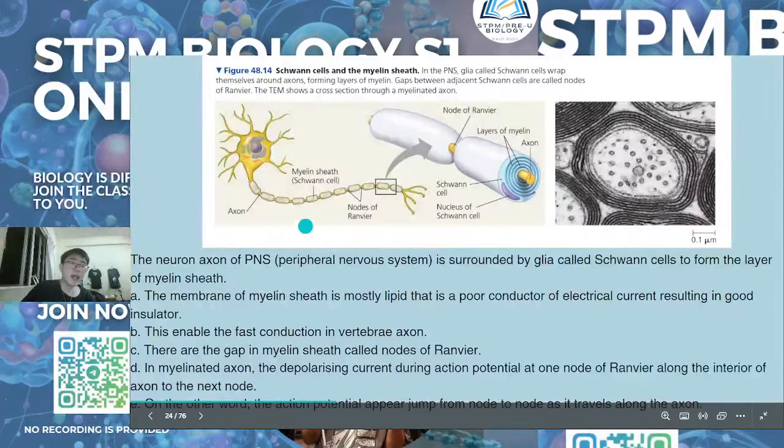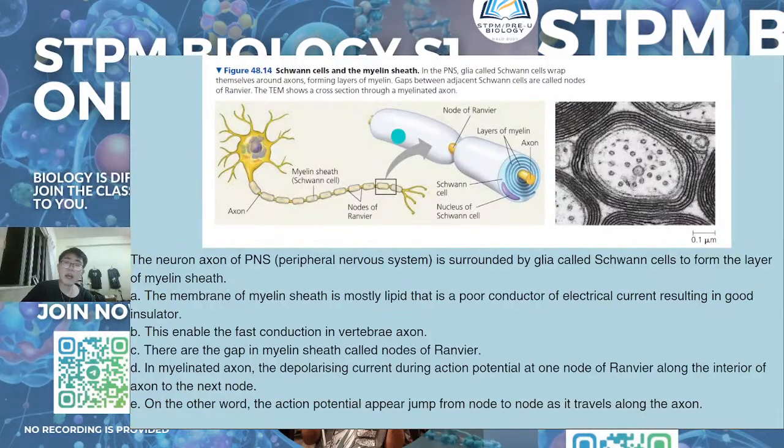Another one is our axon. You will learn this in detail in semester 2: the myelin sheath and also Schwann cells. I just put it here and will not explain in detail. This is the basic structure of our neuron cells.